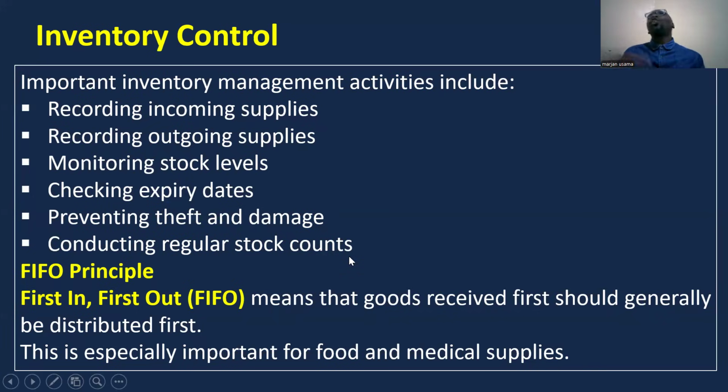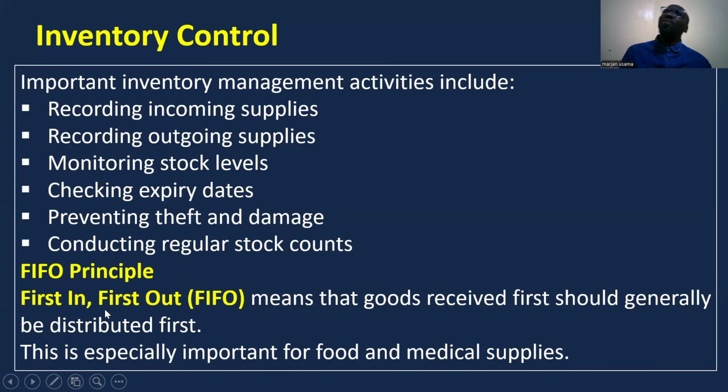Conducting regular stock counts. We should always be ensuring, on a weekly, on a monthly basis, we count what we have in our warehouse. Now, we normally have this principle: FIFO, it is called the FIFO. FIFO means first in, first out.